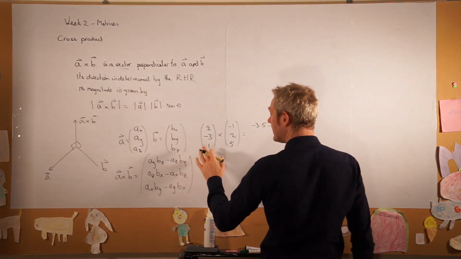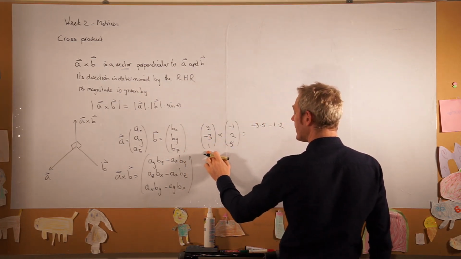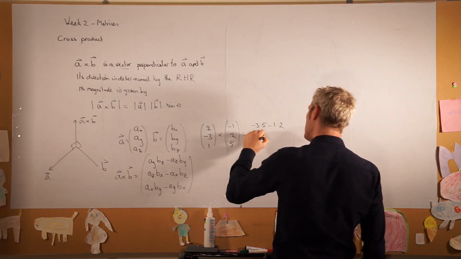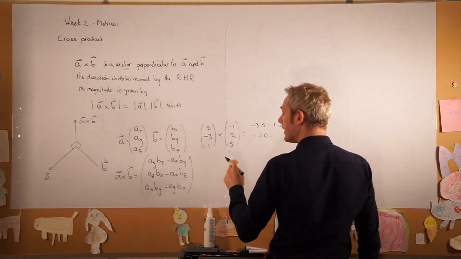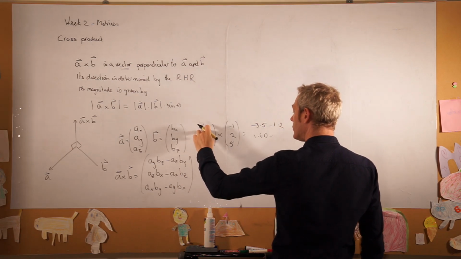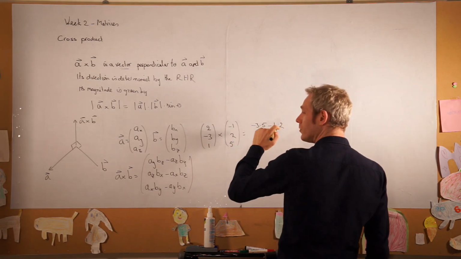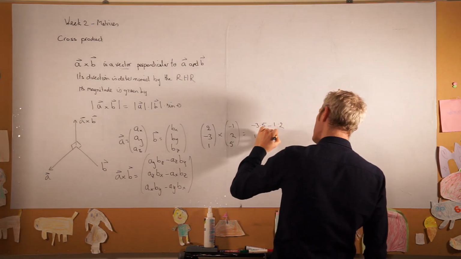Then we get az times bx, which is 1 times -1, minus ax times bz, which is 2 times 5.